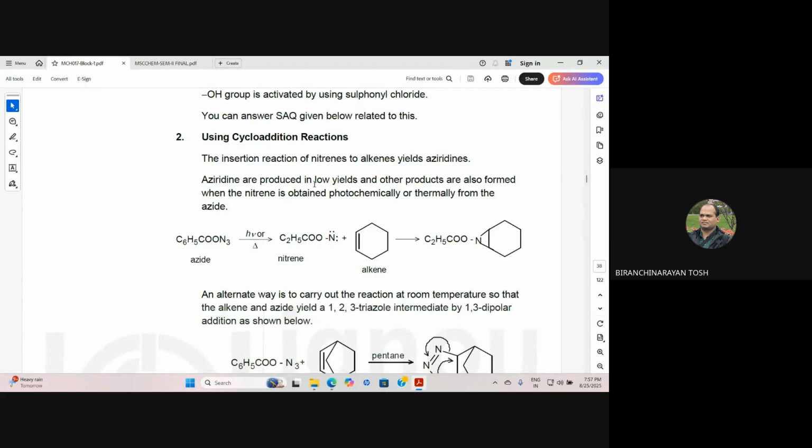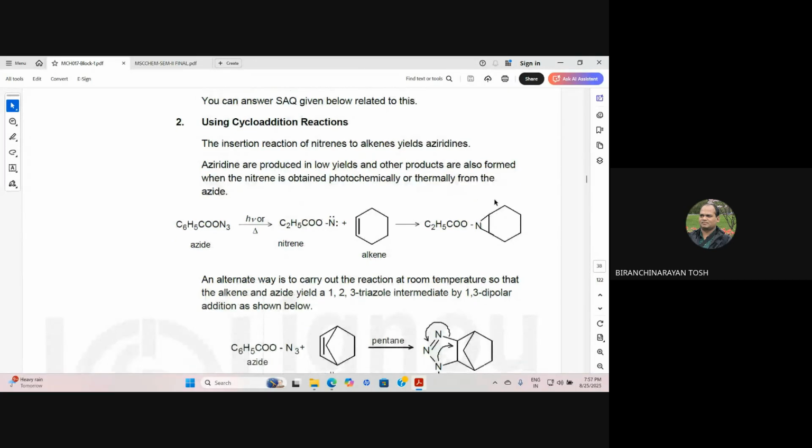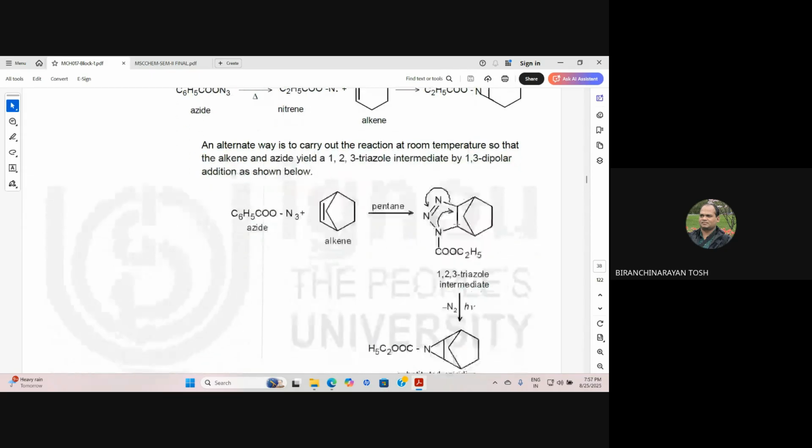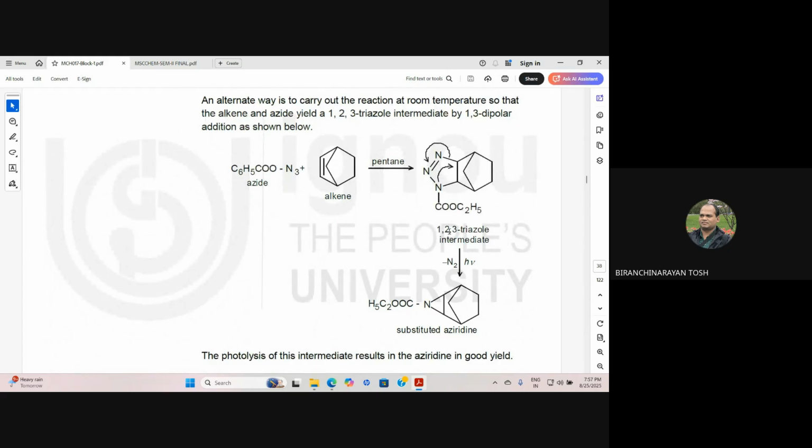It is produced in low yield, as other products are also formed when the nitrene is obtained photochemically or thermally from azide. An alternative way to carry out the reaction at room temperature is that the alkene and azide yield a 1,2,3-triazole intermediate by 1,3-dipolar addition, as shown below. This gives the substituted aziridine.